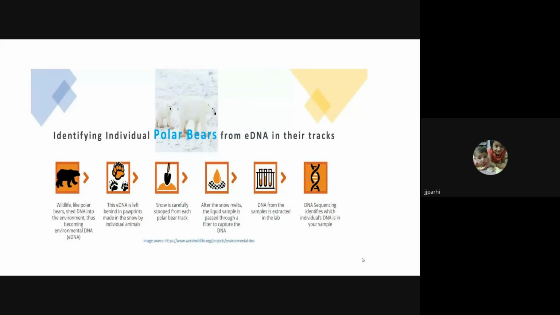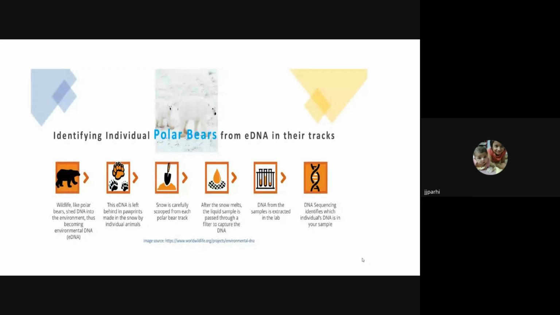Identifying polar bears, as I told you, what happens? When the polar bear walks, eDNA is left behind as paw prints, as with any animal when it moves. The polar bear is in the snow. If it is not in the snow, it can be in a terrestrial jungle. The DNA from that animal's paw prints gets washed by the water or stays in the snow.